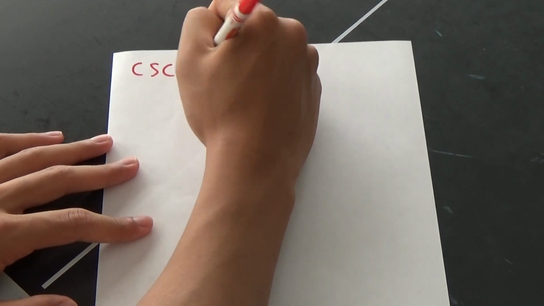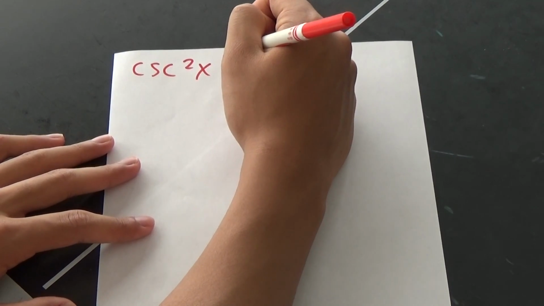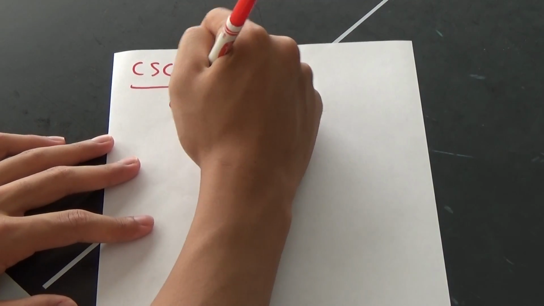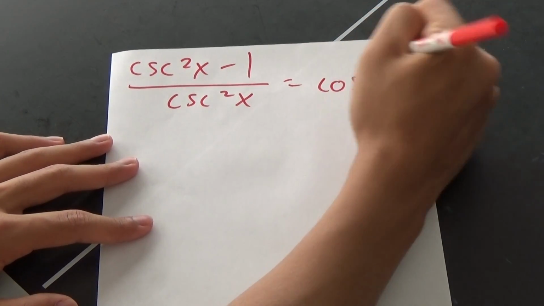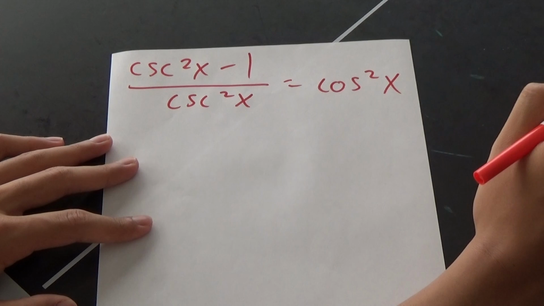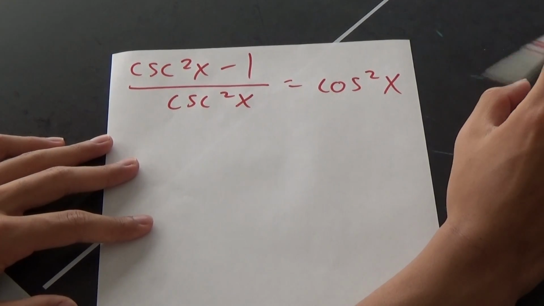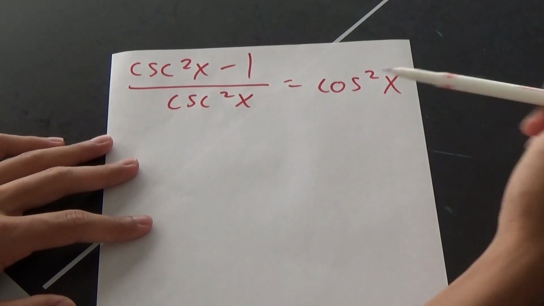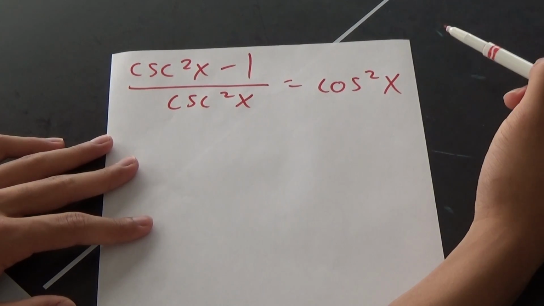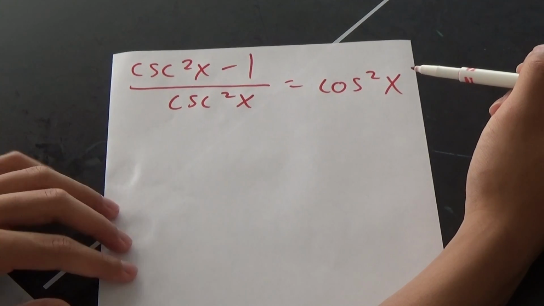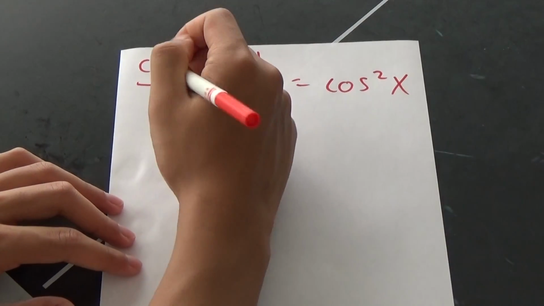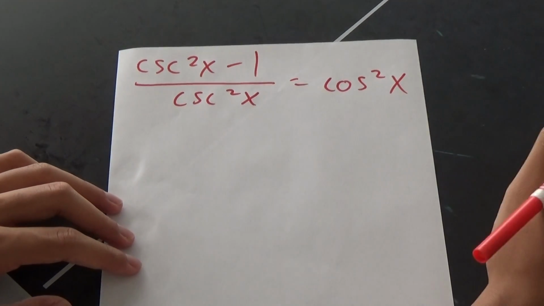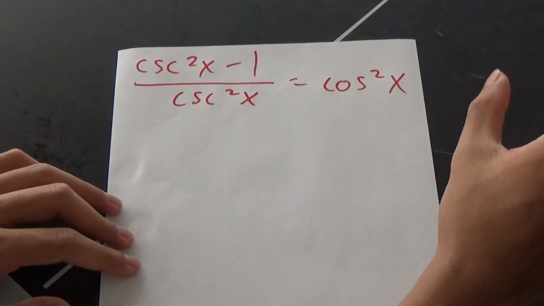So cosecant squared x minus 1, all over another cosecant squared x, equals cosine squared x. Now, there's a number of things you can do here, but since we're working with identities, I'm going to go ahead and change up this cosecant squared.